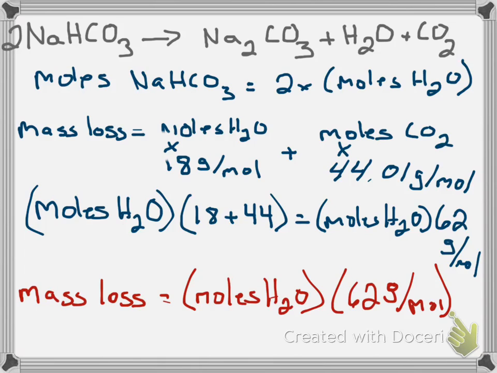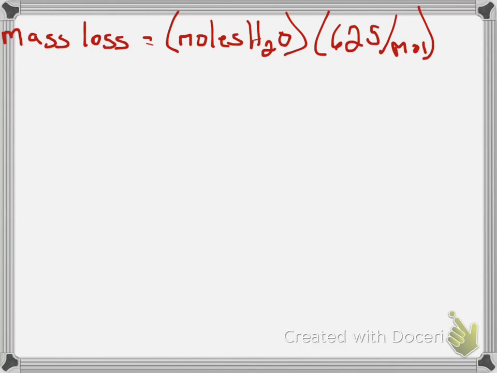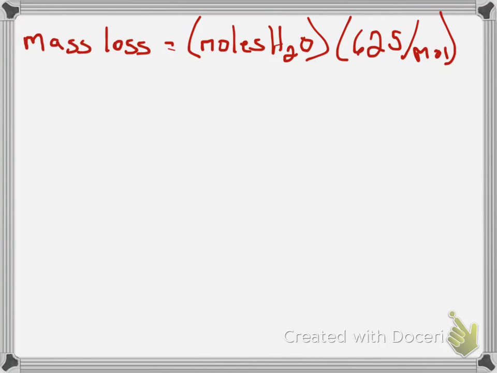Alright, so let's take this bottom portion here, and let's bring that to a new page. Okay, so let's remember this. Our mass loss equals the moles of H2O times 62 grams per mole. And I'm just going to rearrange this a little bit again. I'm going to do a little bit of algebra. I'm going to get moles of H2O by itself.